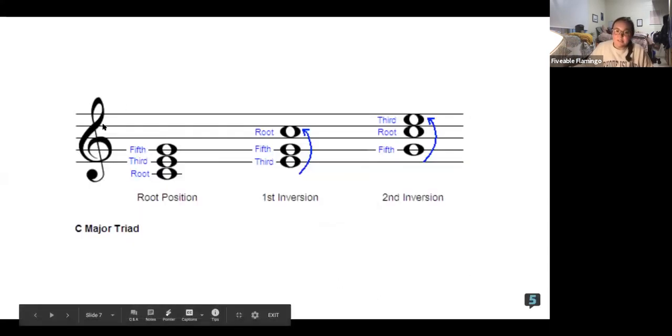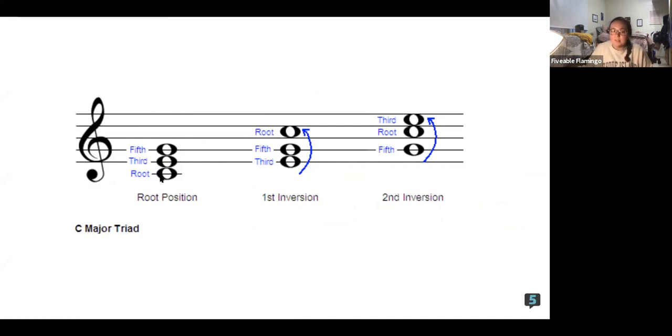So root position is everything I had just talked about. Nothing's moved. It's always the first, third, and fifth. But then when we talk about inverting it, first inversion is when you bring that root that would usually be down here up an octave. So then this becomes E, G, and then C is above it.